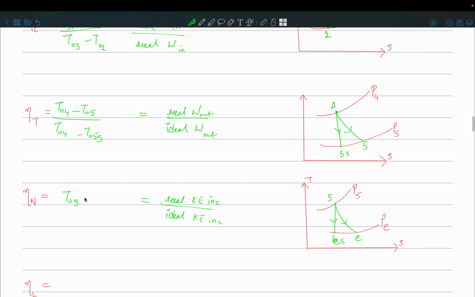So here it is T naught 5 minus TE divided by T naught 5 minus TES.